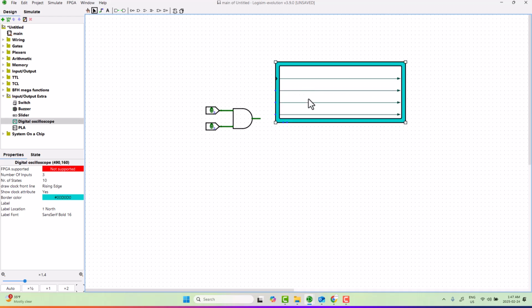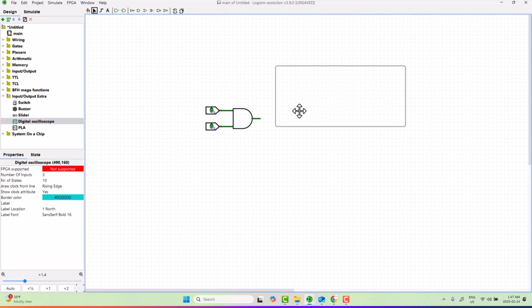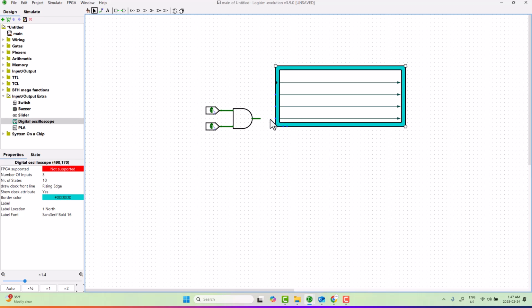By default it has 3 inputs, so you can see them here, 1, 2, 3, and also you see here this is for the clock that we talked about that helps synchronize. So I'm going to connect the output here to the last one, and here is the first. So I'll give it to the second, and here is to the first.